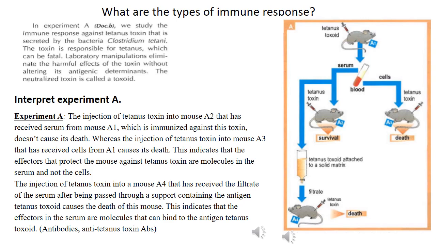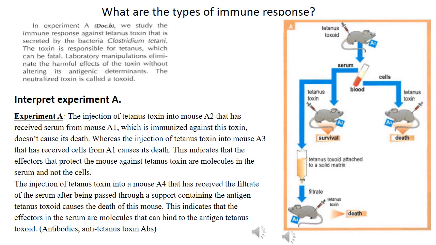Then the variable factor here between A2 and A3 is whether the mouse has received serum or cells. Okay? Then this indicates that the effectors that protect the mouse against tetanus toxin are molecules in the serum and not the cells. So we can see now that the serum has protected the mouse from the tetanus.